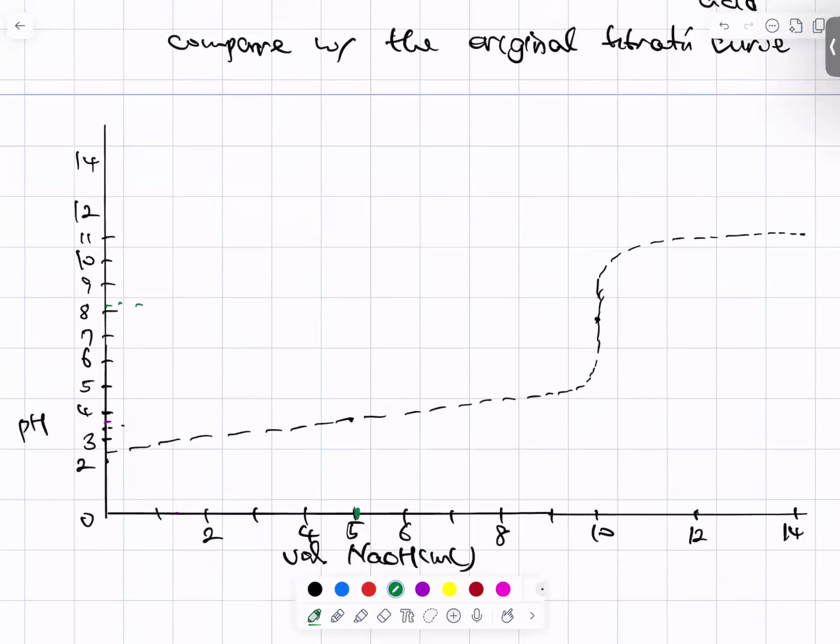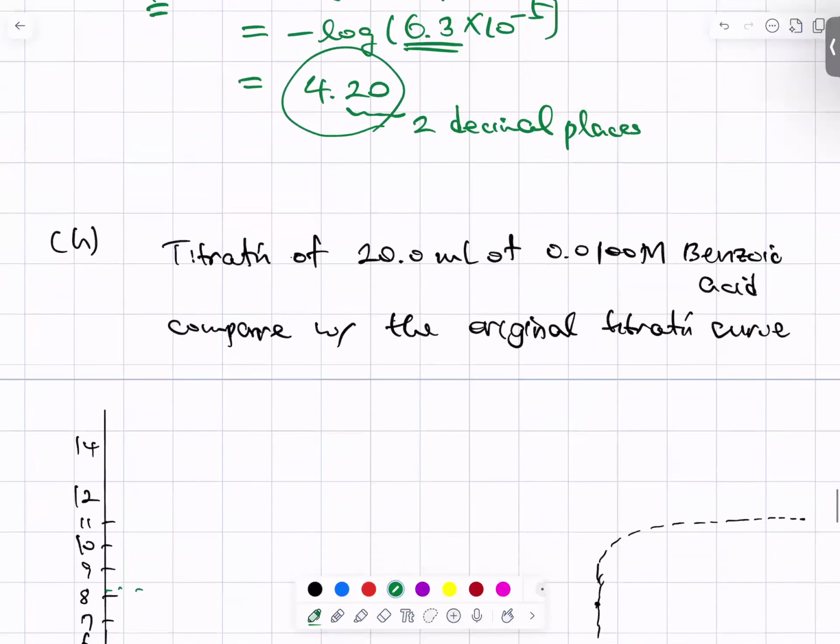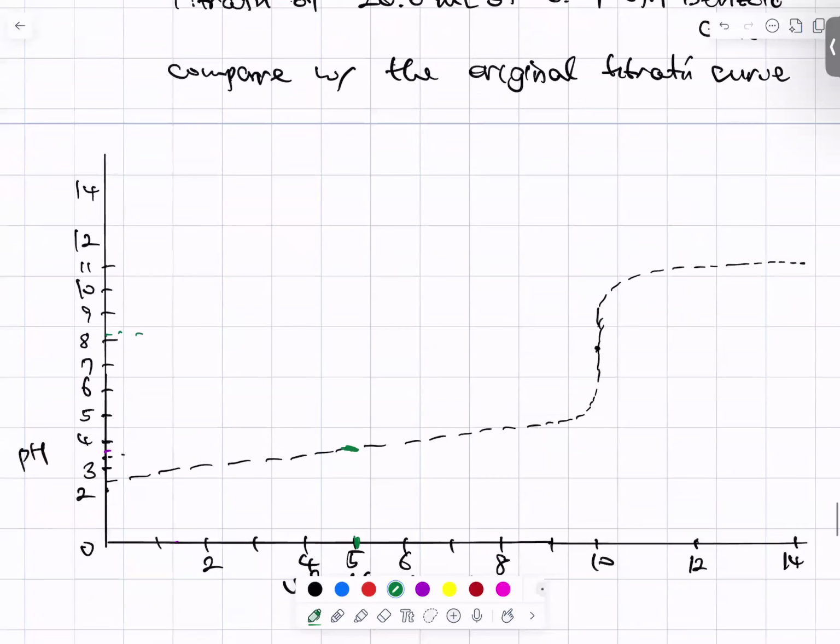At the half equivalence point, the value was 3.1, as I estimated, but now in this case it is 4.2. So at the half equivalence point, benzoic acid has the higher pK value. Let's write it here, 4.2. Benzoic acid is slightly higher, so its curve is always above the other one.